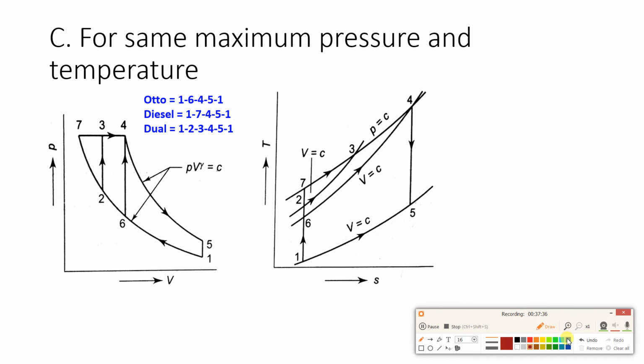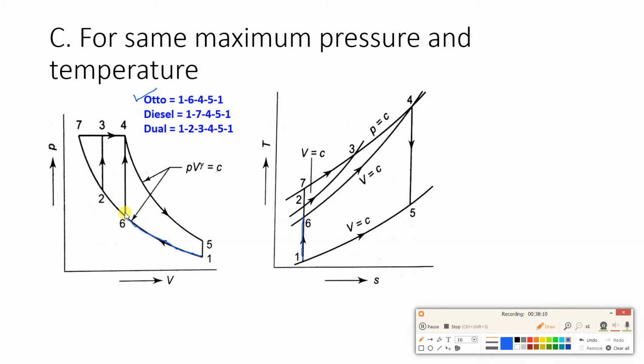First we will see Otto cycle. So in case of Otto cycle, process 1 to 6 is isentropic compression. On TS diagram also I will show this process. Then the next process is constant volume heat addition for Otto cycle.